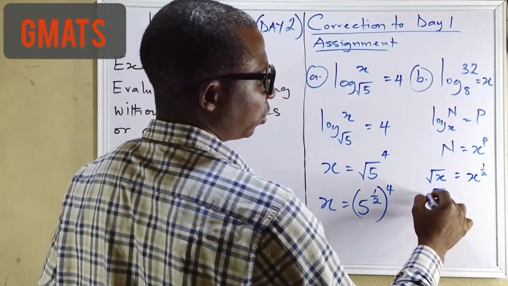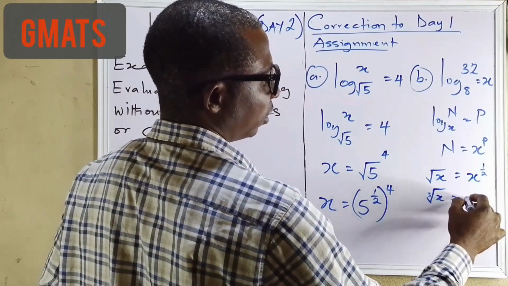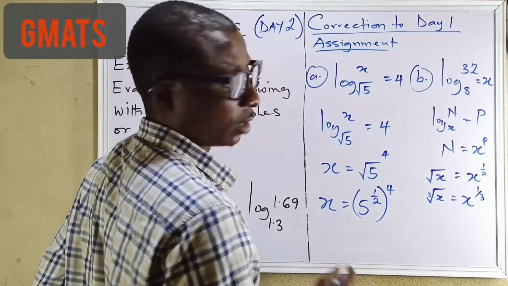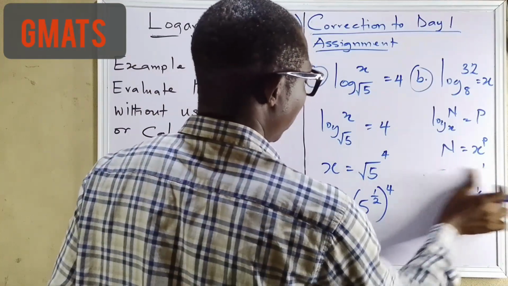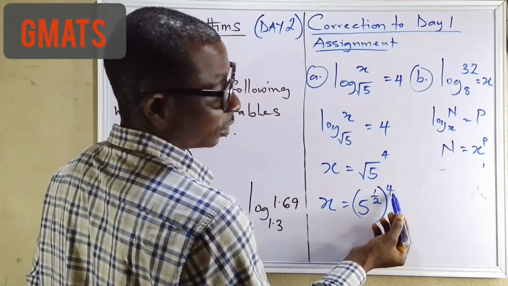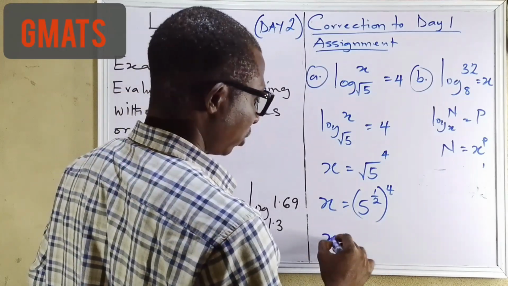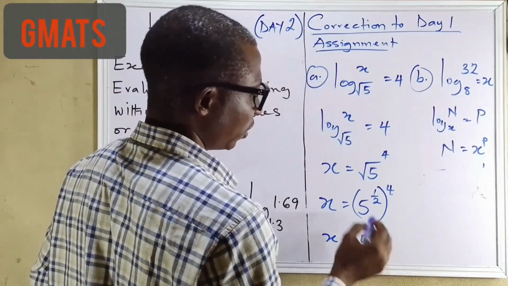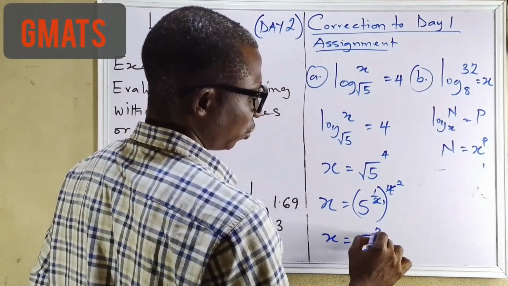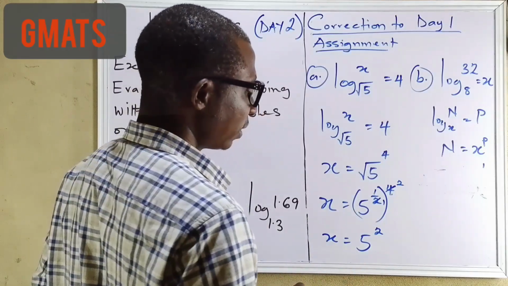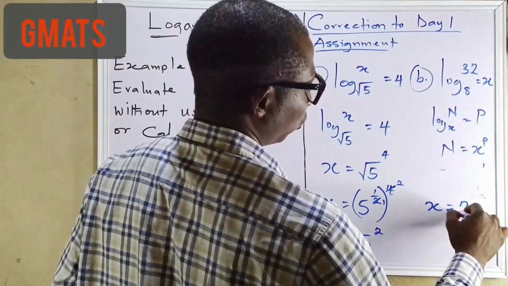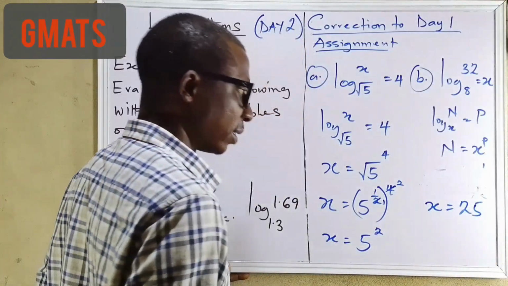If it is cube root of x, it is x raised to the power of 1 over 3, and so on. Now the next thing is to multiply the powers. So x equals 5 raised to the power of 1 over 2 times 4, that is 5 raised to the power of 2. So you now have x equals 25. That is the answer.